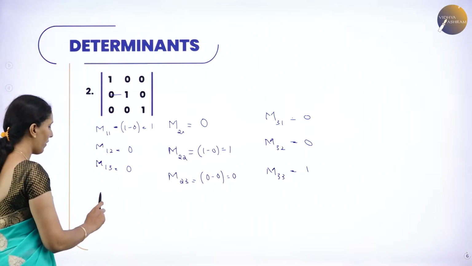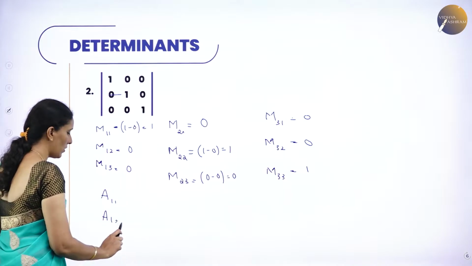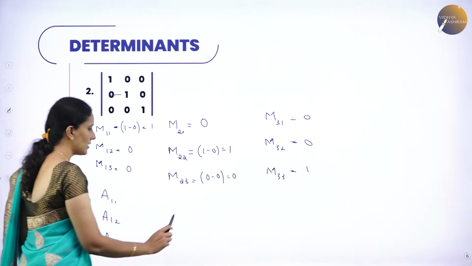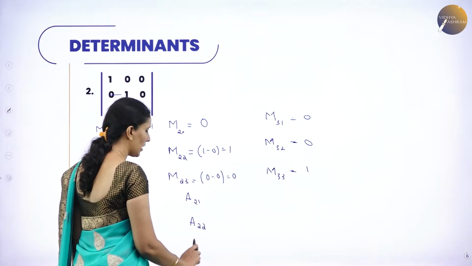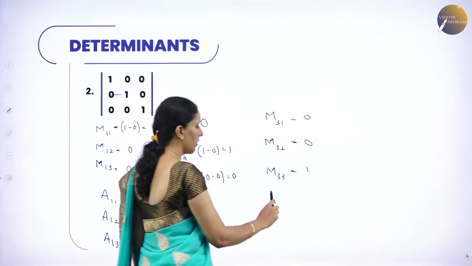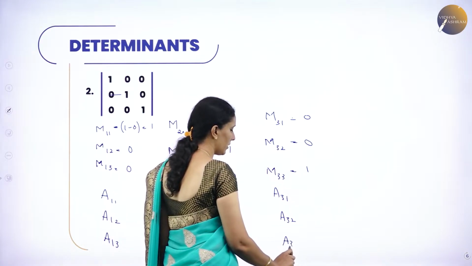Now let's write the cofactors. Cofactor is A11, A12, A13. Similarly, A21, A22, A23, A31, A32, A33.